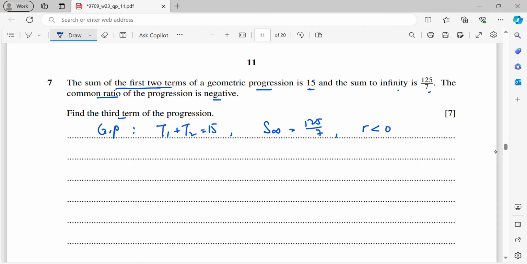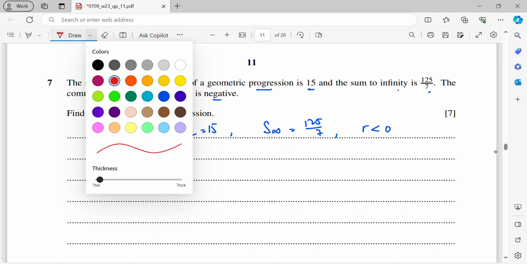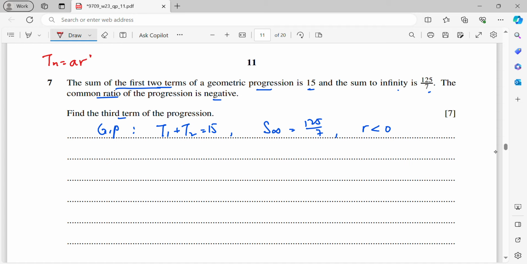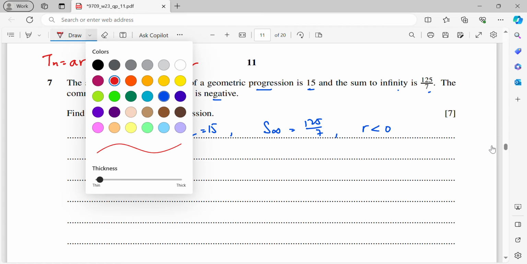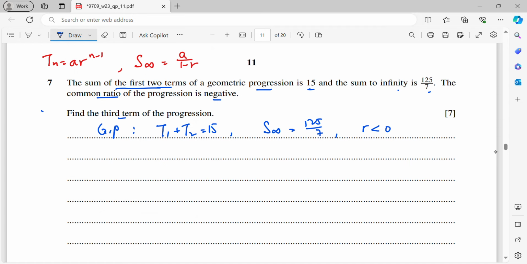For a GP, geometric progression, Tn is AR to the power of n minus 1. The S infinity is A over 1 minus R, where A is the first term and R is the common ratio. That means T1 here is A, then T2 is AR, and the sum equals 15.